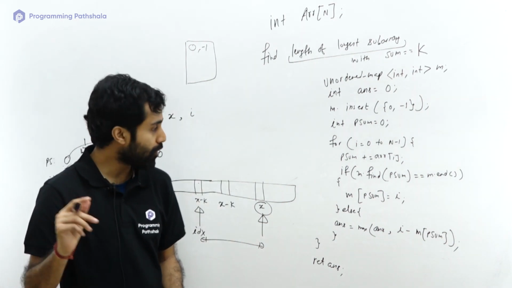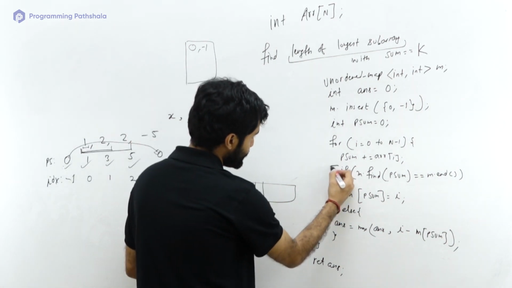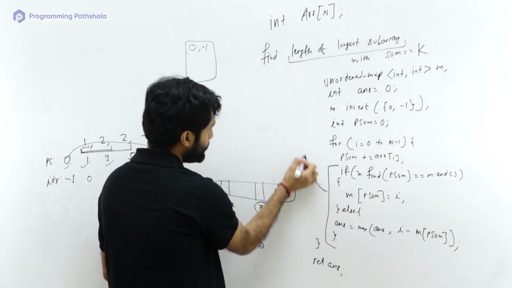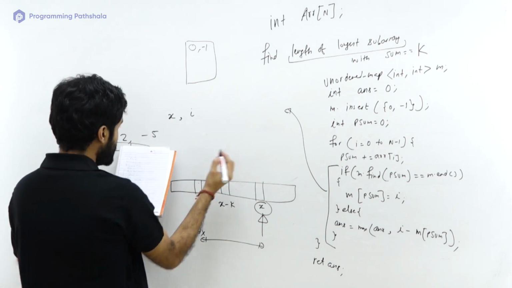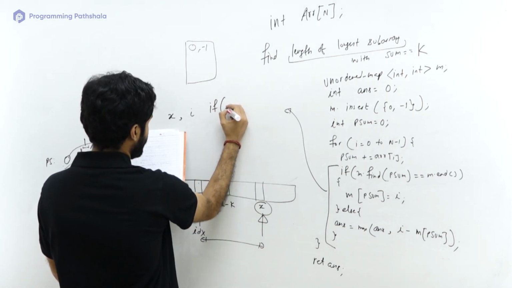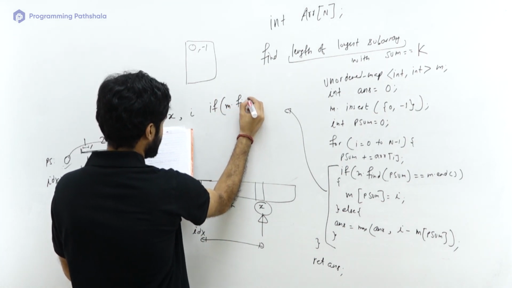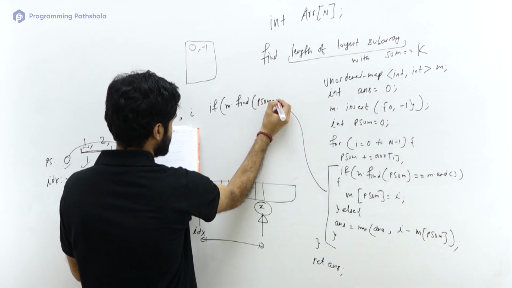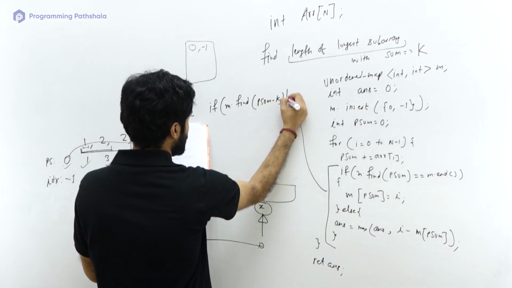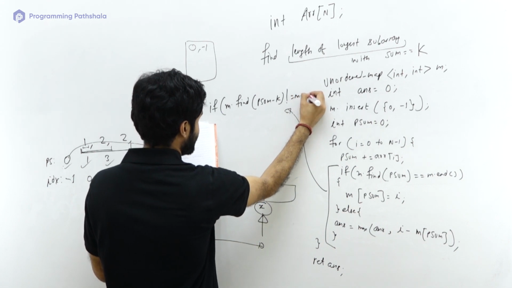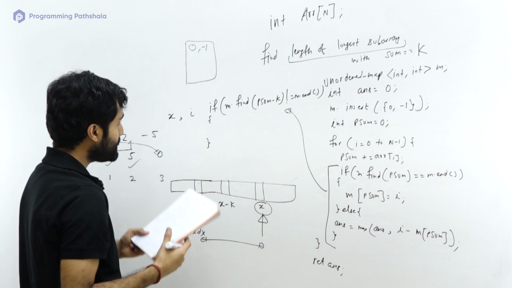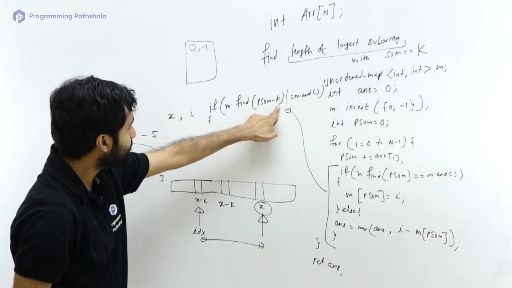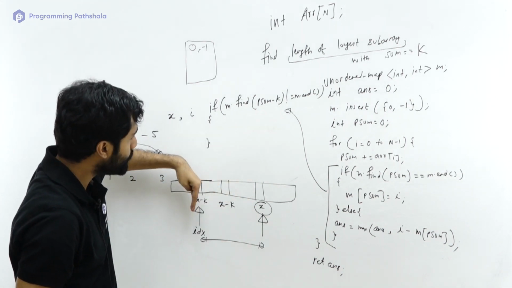Okay guys, so the only component that will change over here is this part. So instead of this, you would want to write something else, and let me write that out. So first you would check if map.find(p sum minus k) not equals to m.end. So guys, if this is the case, what does it mean? It simply means that p sum minus k must have occurred somewhere before.